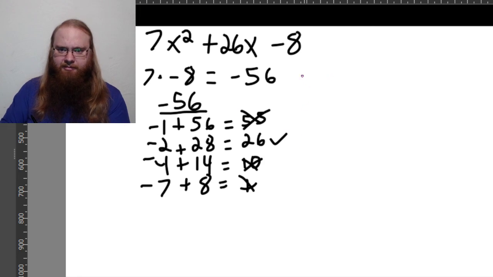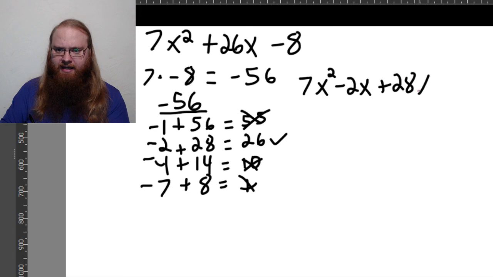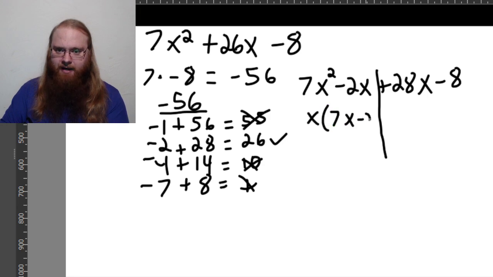So we're going to split this up to 7x squared minus 2x plus 28x minus 8. Now we factor by grouping. All the 7x squared and negative 2x have in common is an x, so we're left with 7x minus 2.